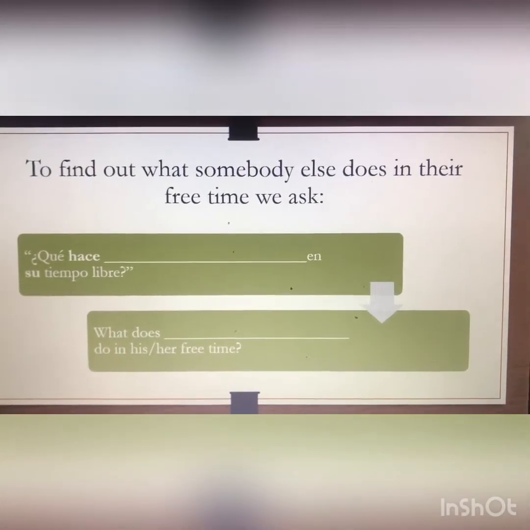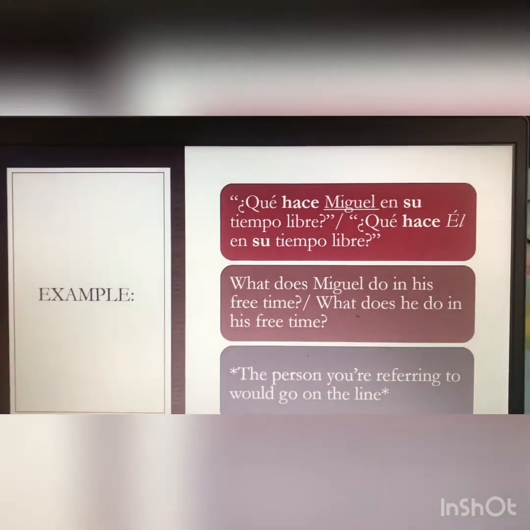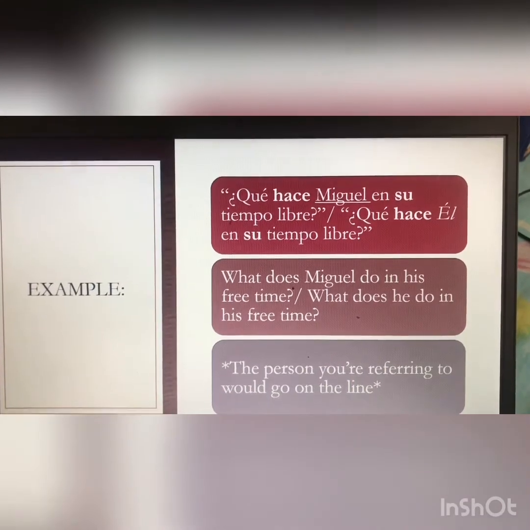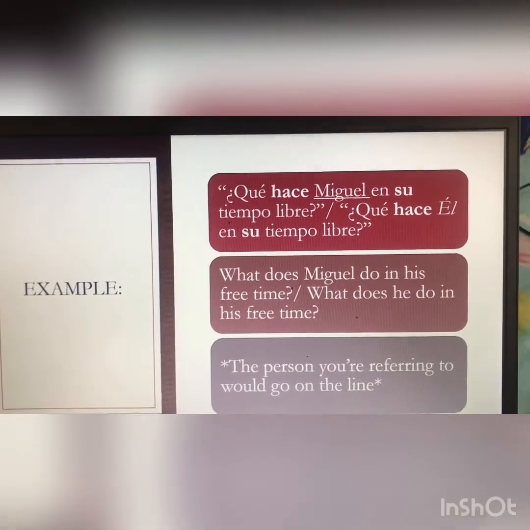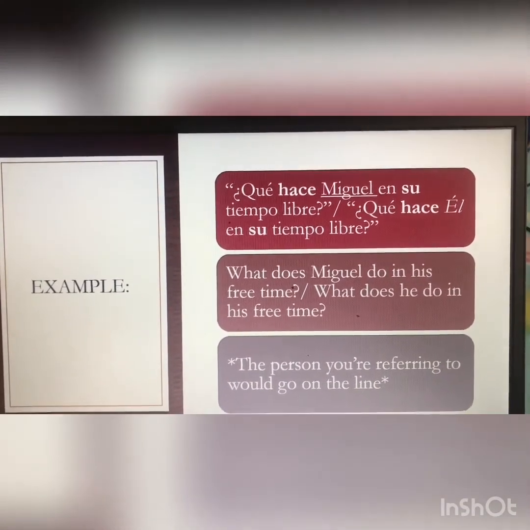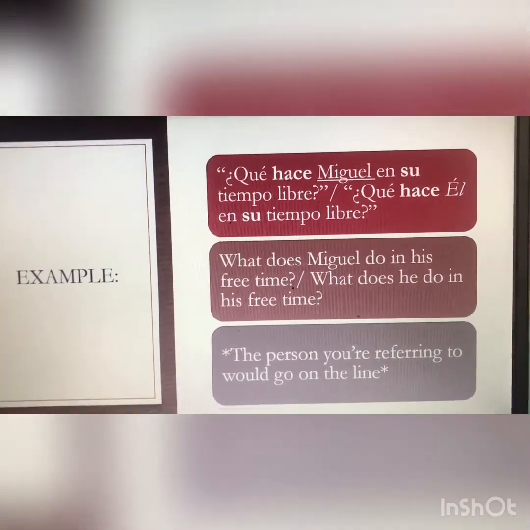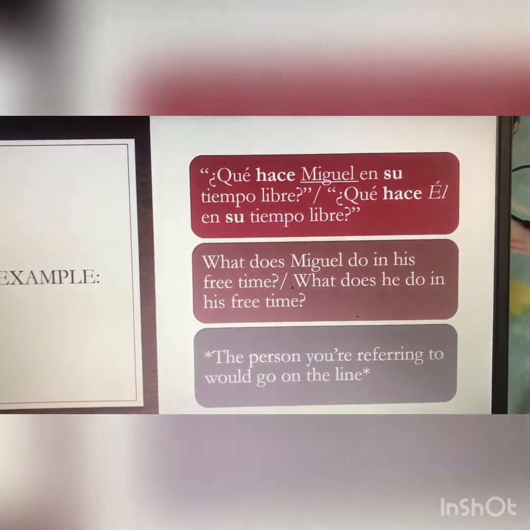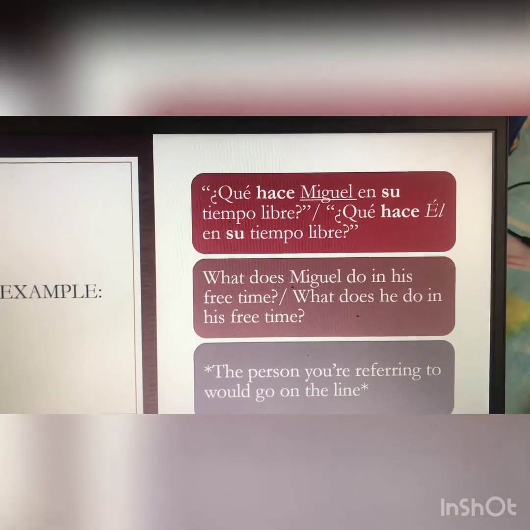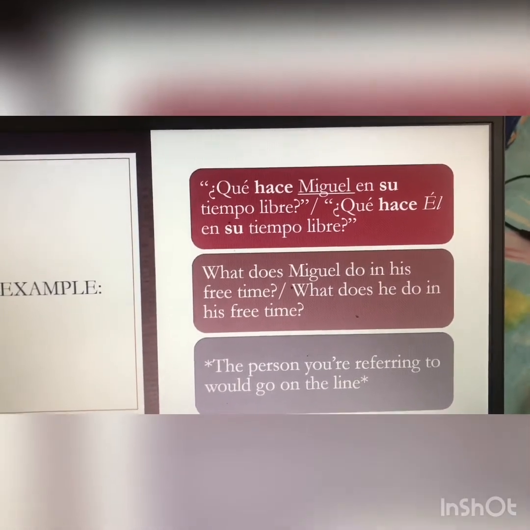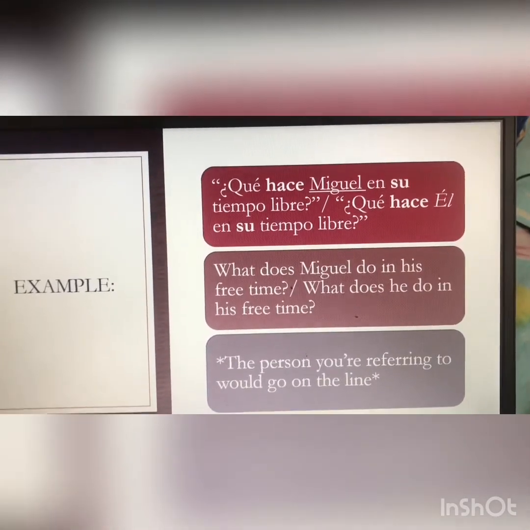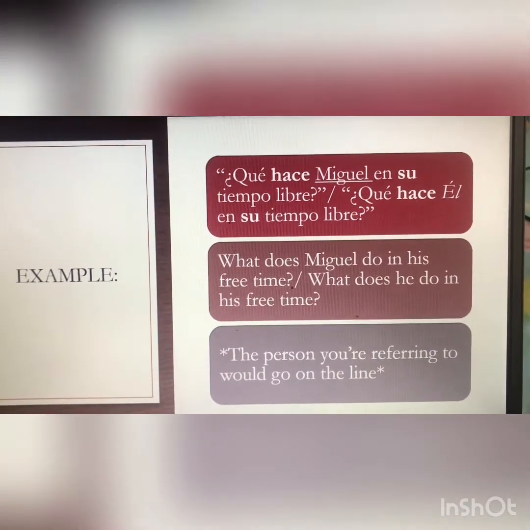Alright, let's continue. So let's say, for example, you want to find out what Miguel does in his free time. So we would use the question, ¿Qué hace? And then Miguel would go on the line. So we get ¿Qué hace Miguel en su tiempo libre? Meaning, what does Miguel do in his free time?